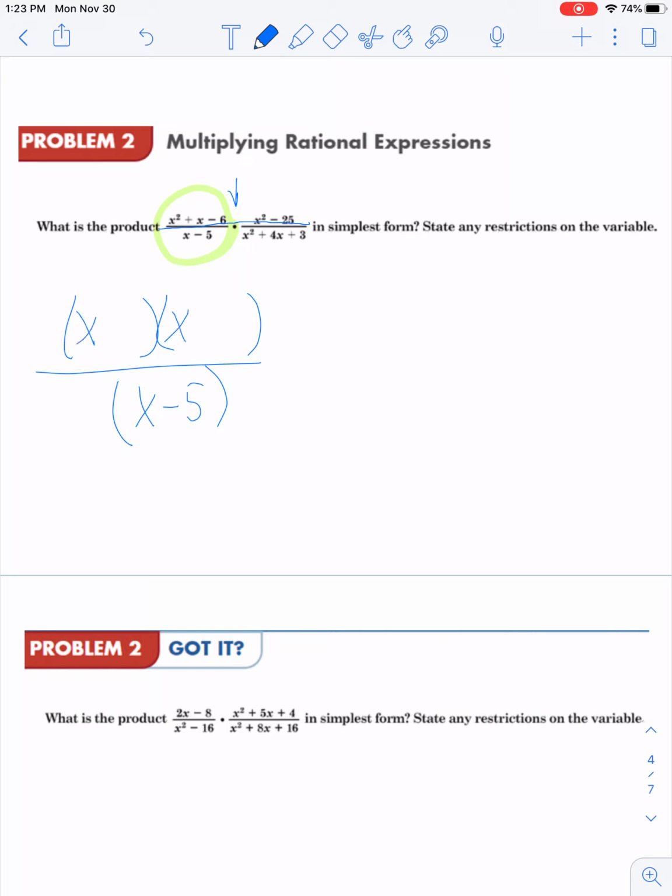Split your x's for the upstairs. Factors of -6, sum of 1. Well, that would be +3 minus 2. Times, or the bar is there. And notice on this side then, I've got a difference of two perfect squares.